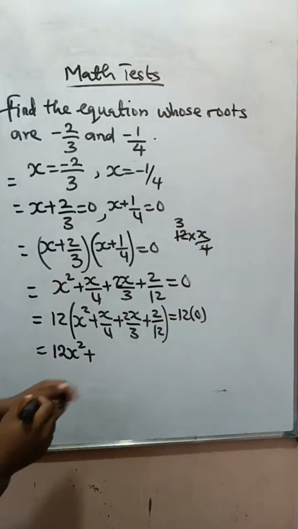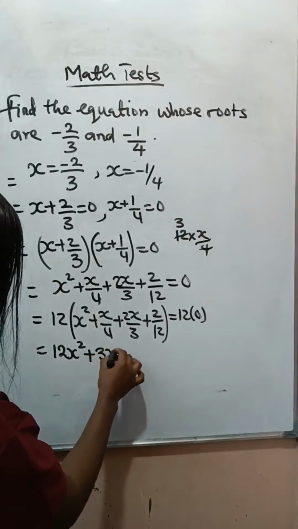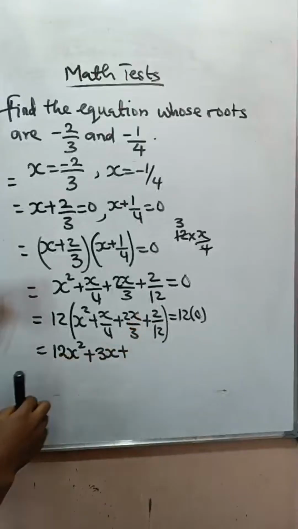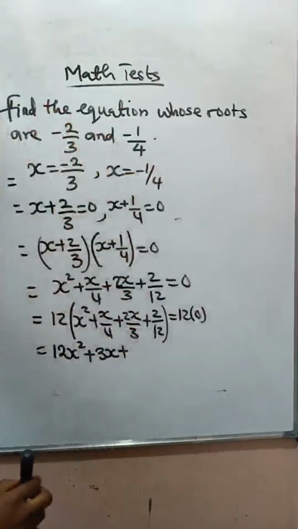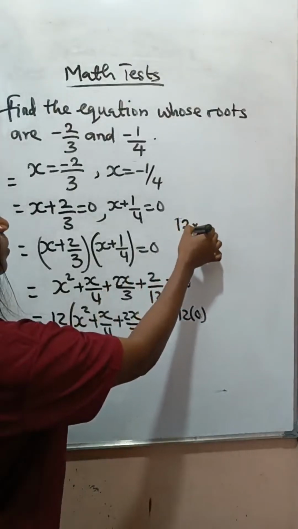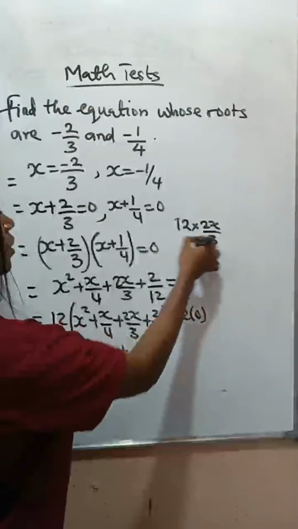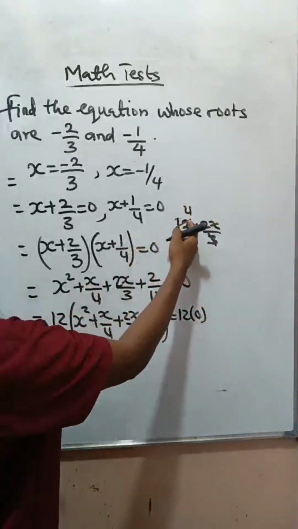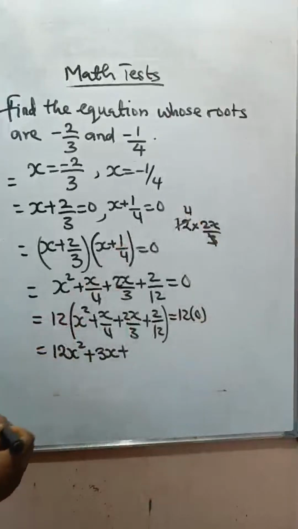Now 12 times 2x over 3. 3 we divide 12 and we have 4. 4 times 2x will give us 8x.